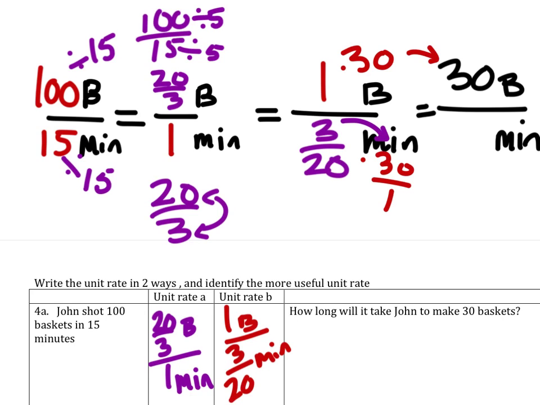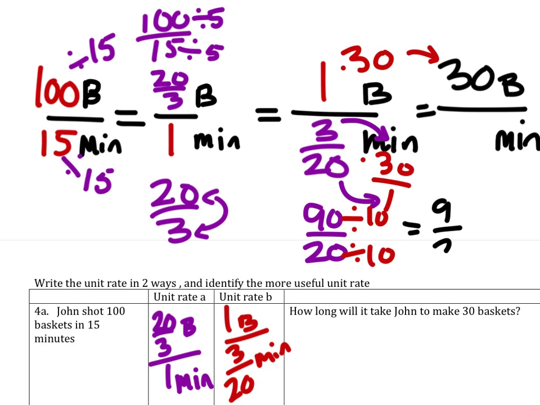So I've now got 3 times 30, which is 90, and 20 times 1, which is 20. And by simplifying this, I can just divide both of these by 10. Some of you know you can just take off the 0, and that would give you 9/2. So it would take him 9/2 minutes to make 30 baskets.